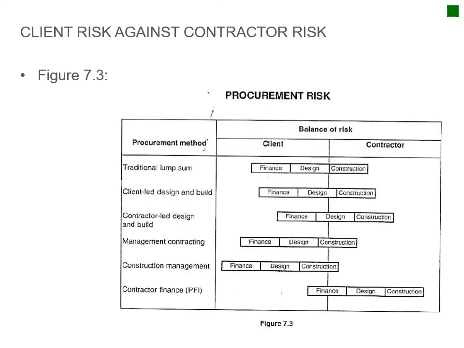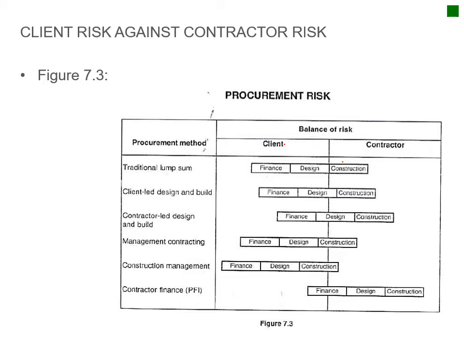Okay, then we get to client risk against contract risk. Figure 7.3 is just a very nice comparison for your procurement risks. So you either have traditional lump sum risks, where the finance and the design are all on the client, and then the contractor is responsible for the construction. Then you have client-led design and build.